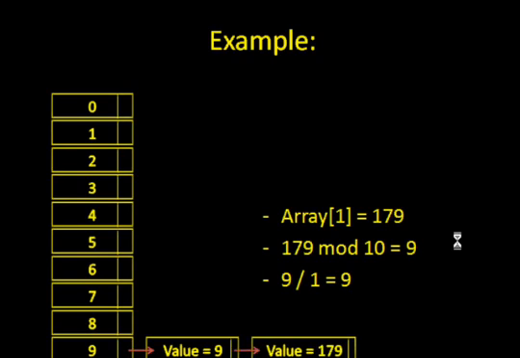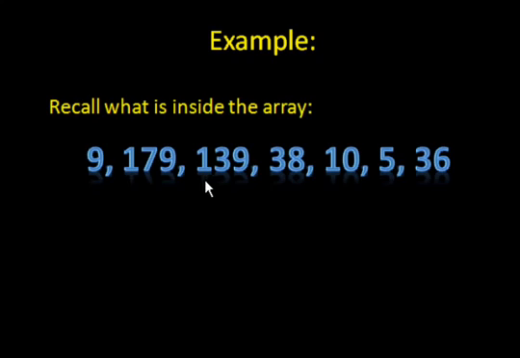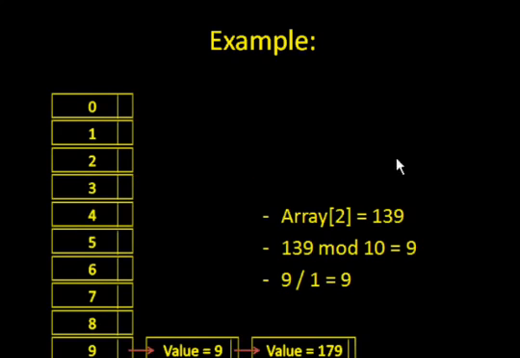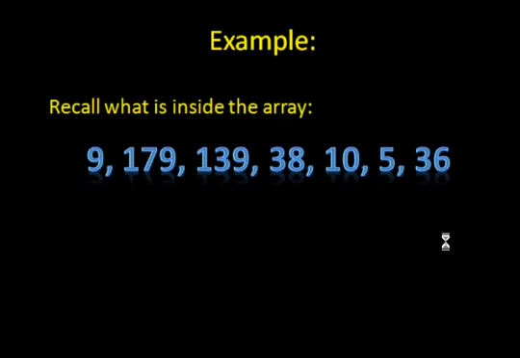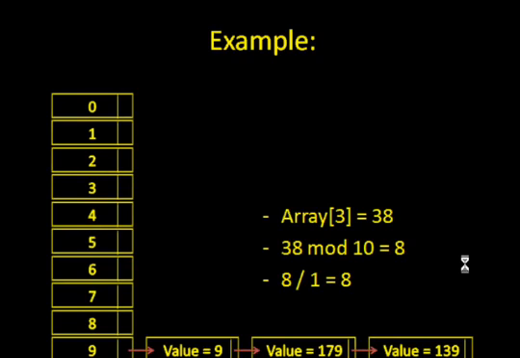The next is 139. 139 mod 10 is 9. 9 divided by 1 is 9. We put it in the 9s list. Next we have 38. If we have 38 mod 10, we would get 8. 8 divided by 1 will be 8, so we put it in the 8s list. 10.